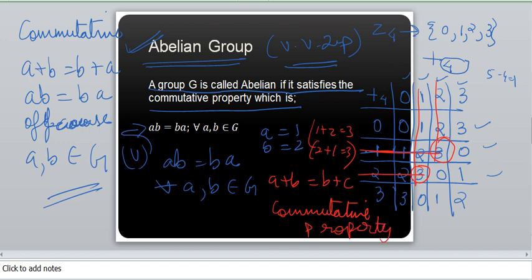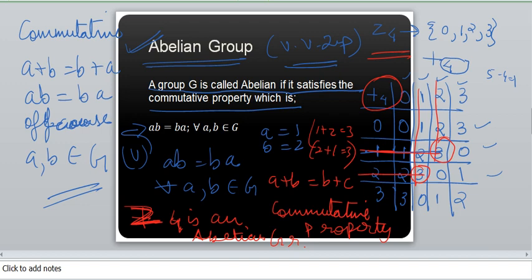And mind you, this Z4 under addition is a group. So if it is following the commutative property, then Z4 is an abelian group. Very simple concept, students.